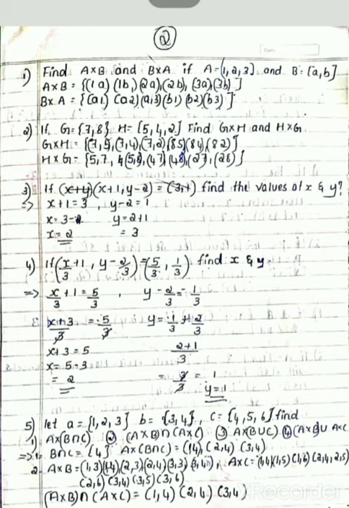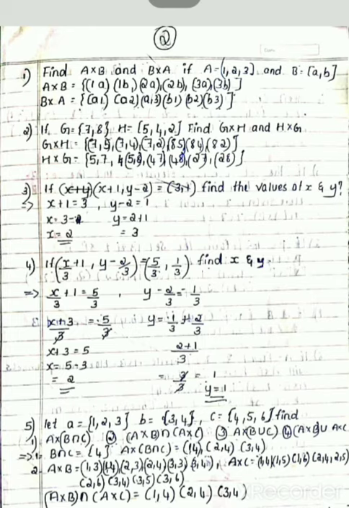Next come to 1, 4. 1, 4 is there in A cross B as well as in A cross C, so that element 1, 4 belongs to the required set. Similarly, check all the common elements. You will get 1, 4, 2, 4 and 3, 4.